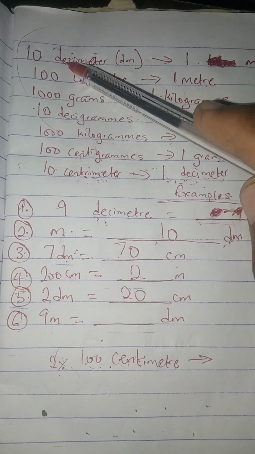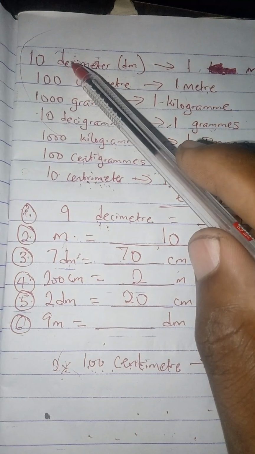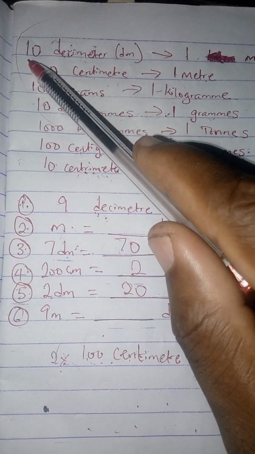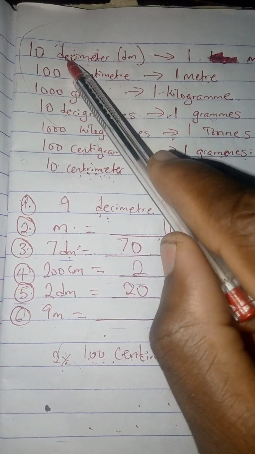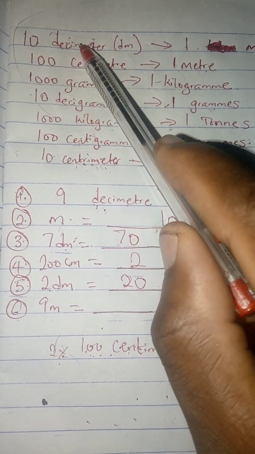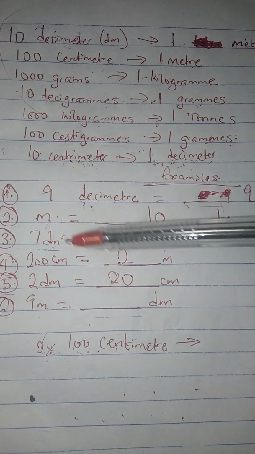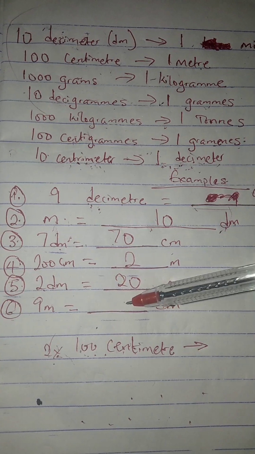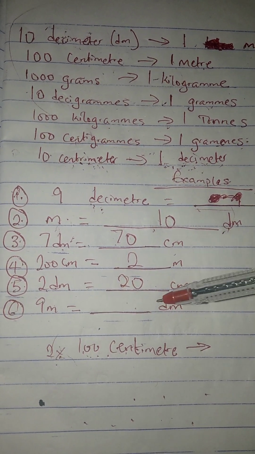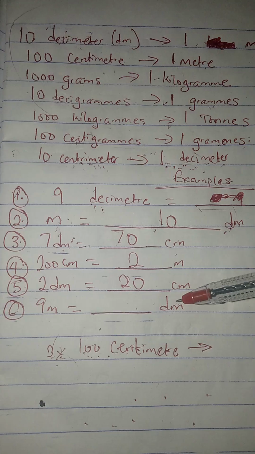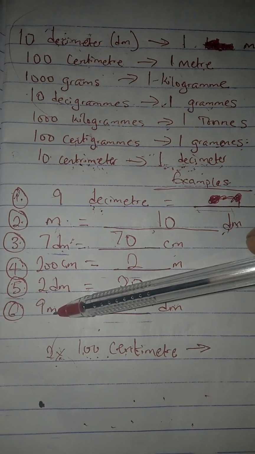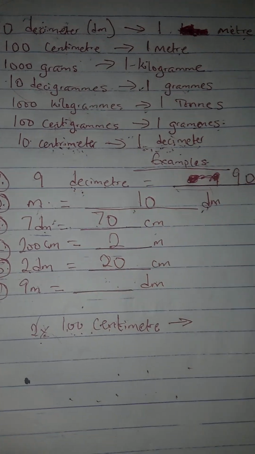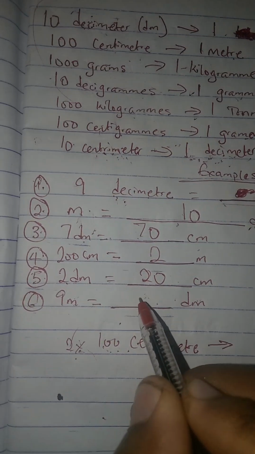This deci is telling us that for us to have this meter, we must have 10 of this. 10 decimeter equals to 1 meter. Now, for us to have 9 meters, since 10 decimeter gives us 1 meter, 9 meters is actually 9 times 10, which will give us 90 decimeter.